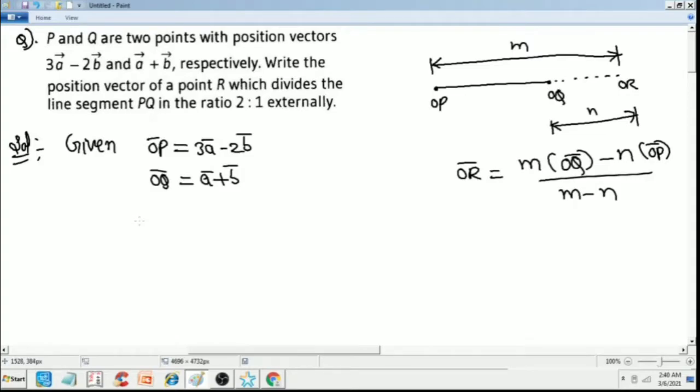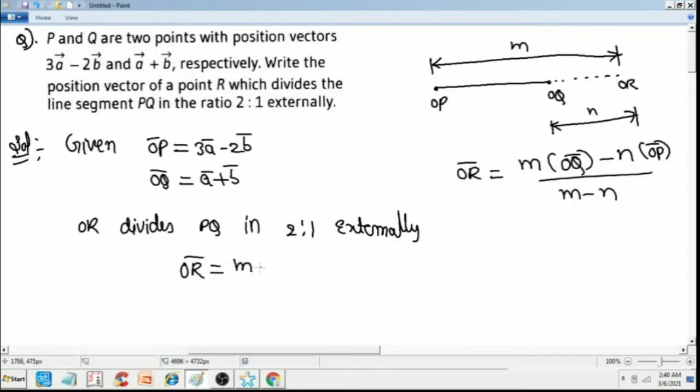Then the position vector of OR divides the line segment PQ in 2:1 ratio externally. So we should use this formula: OR bar is equal to m times OQ bar minus n times OP bar by m minus n.